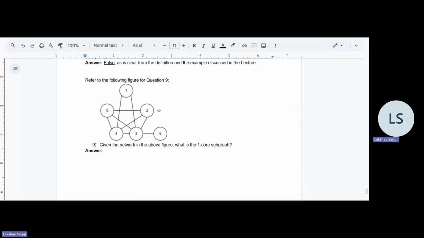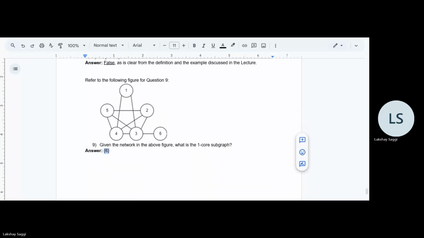This 2 also has more degree, this 3 also has more degree, but this vertex 6 has a degree of 1, so this can be removed. After removing vertex 6, the degree of vertex 3 actually becomes 4, so it still cannot be removed. So note that only vertex 6 is removed here and no other vertex.